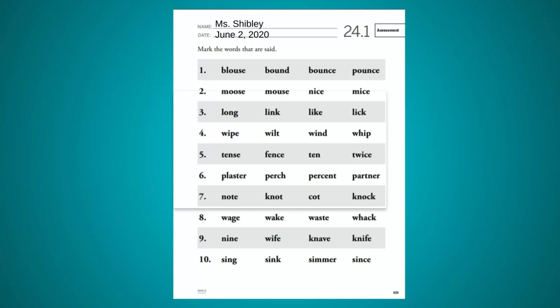Again, that word is mice. Number 3, which one of these words is link? Again, that word is link.